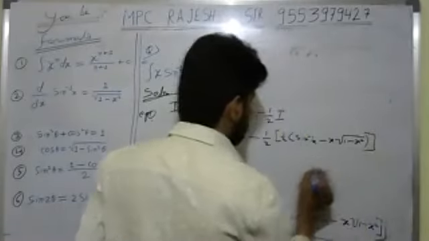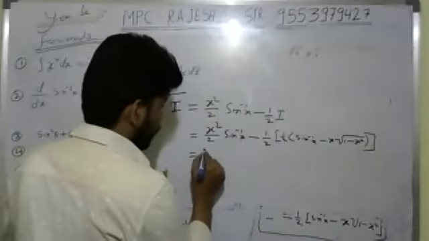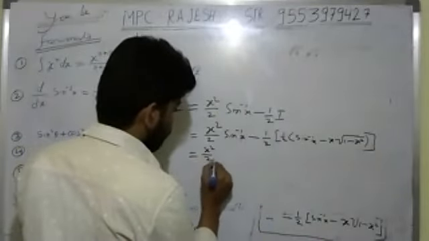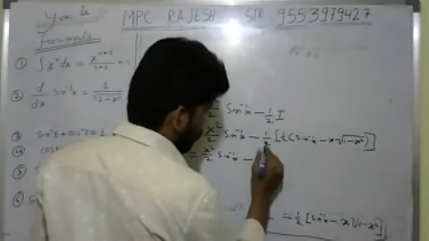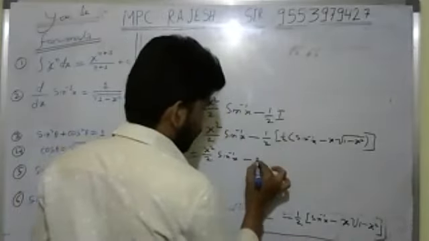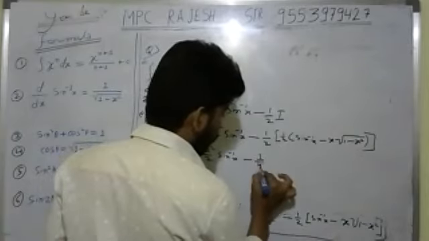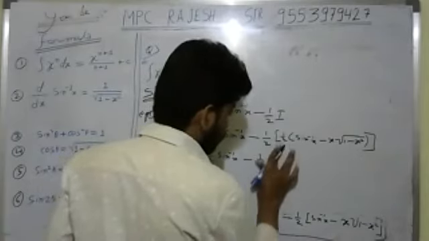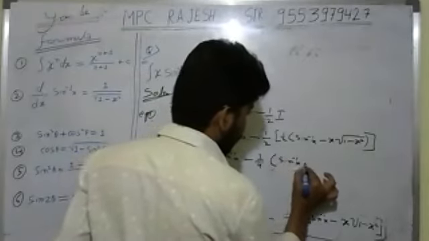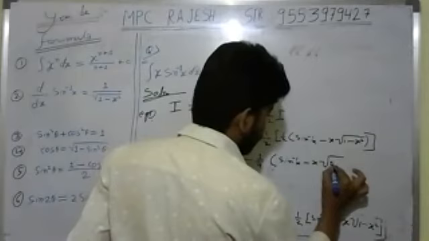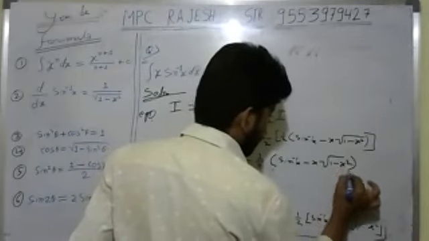Right? Now we can solve here. X square by 2 sine inverse x minus, this will multiply. First bracket should be open. 1 by 4 sine inverse x minus x into square root of 1 minus x square.